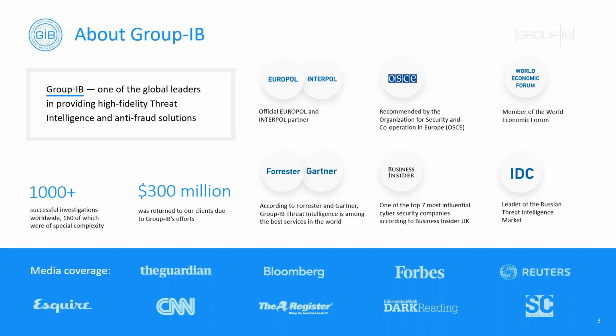So I think if you joined our webinar, you heard about Group IB and you know what we are doing. A couple of words about us. We are a global leader in threat intelligence, anti-fraud and incident response solutions.